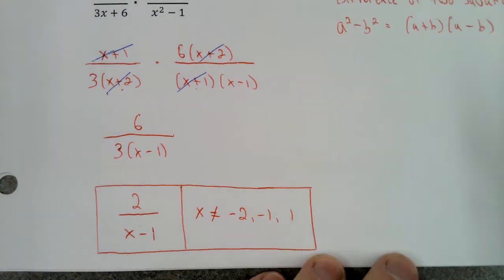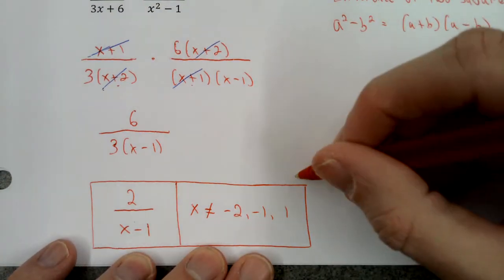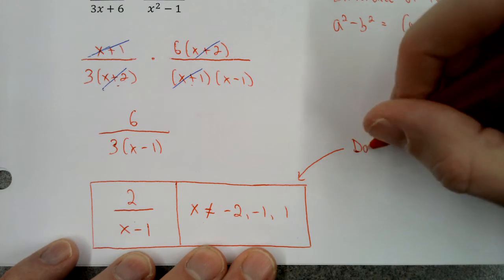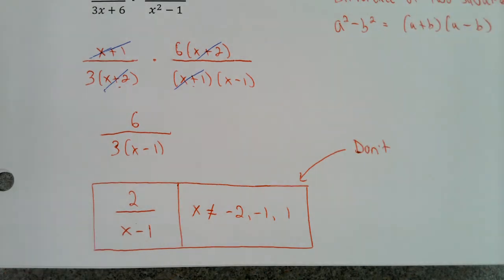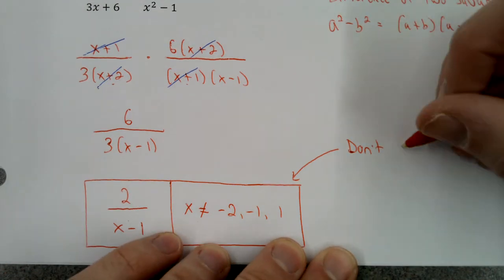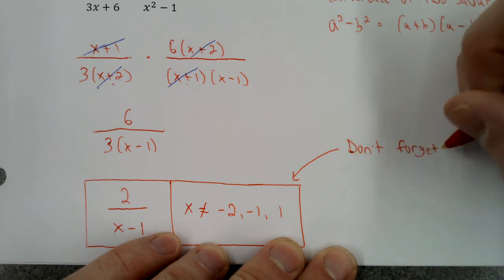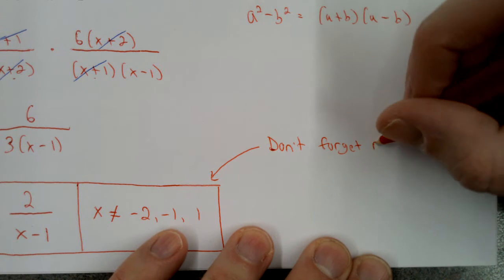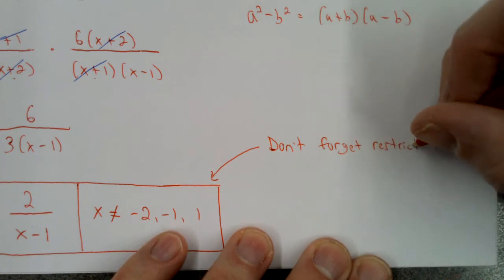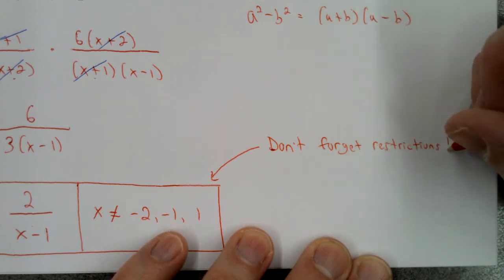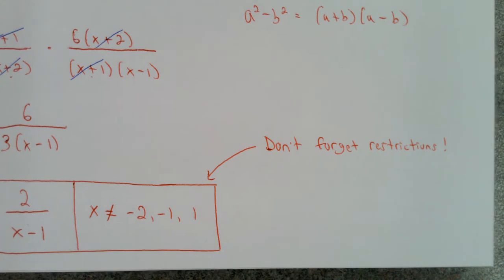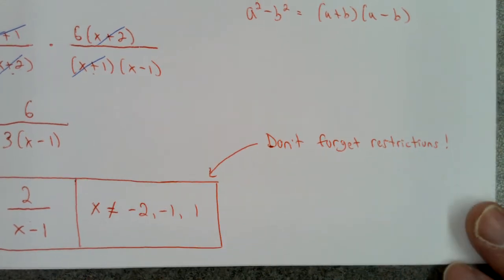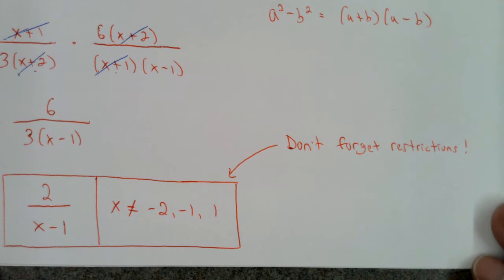Don't forget the restrictions. The denominator cannot be 0. So don't forget the restrictions, and don't forget about the factors that were divided out from the denominator.